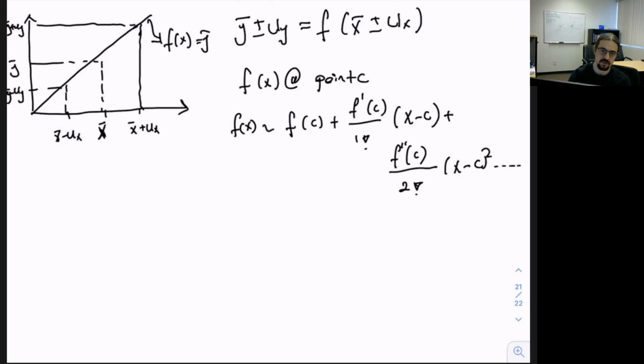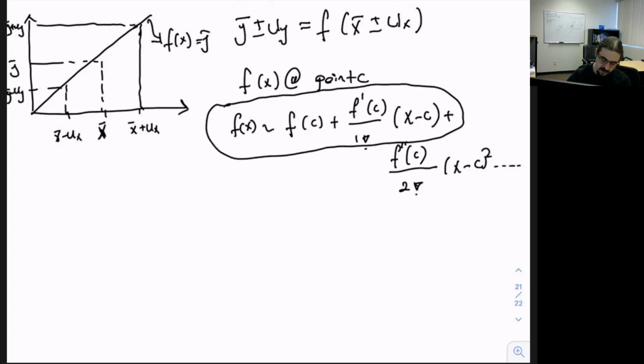Usually you use the first order, depending on your application. Usually the first order is used, second and third orders usually are much smaller, but it depends on your application.